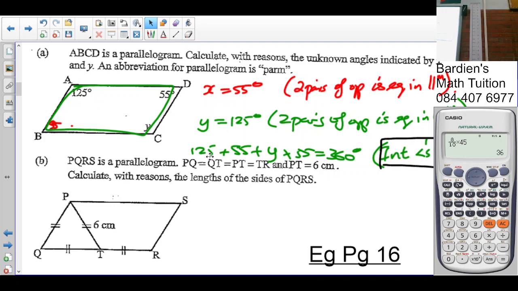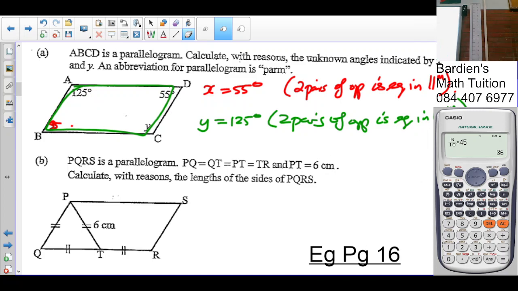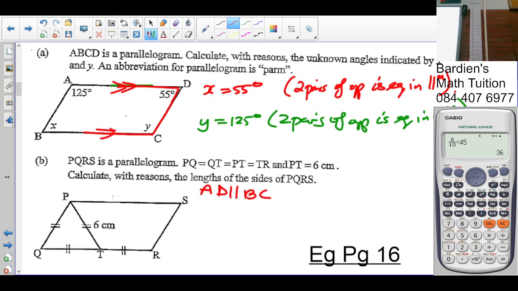There was another way I could have worked out y, or even x for that matter. Who can tell us? We said that AD is parallel to BC. Is that not the case? Yes, it is. But why is it the case? It's not on the diagram, so I must state it.